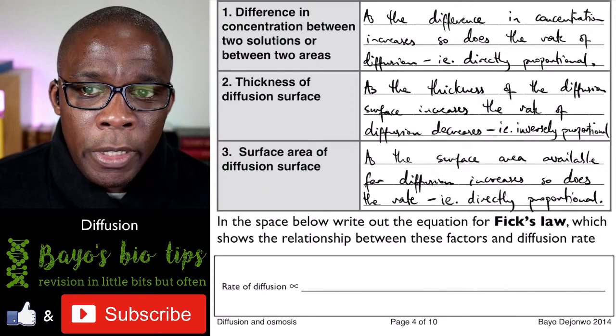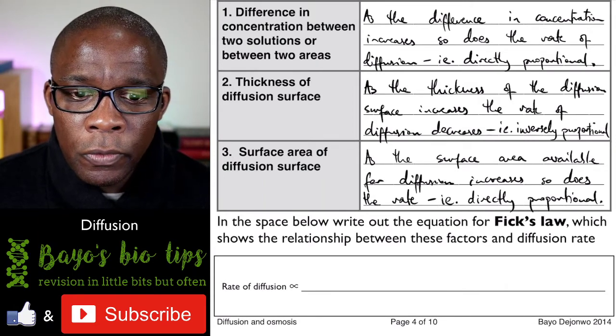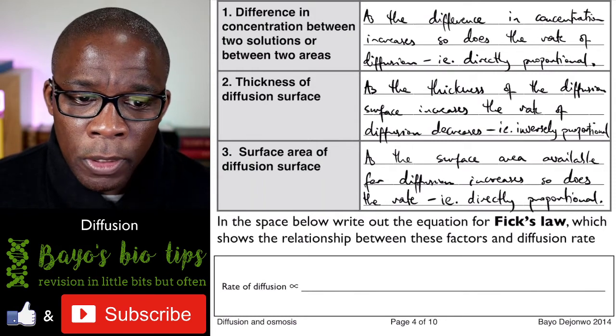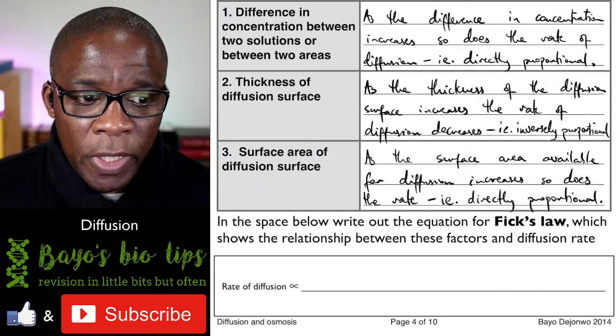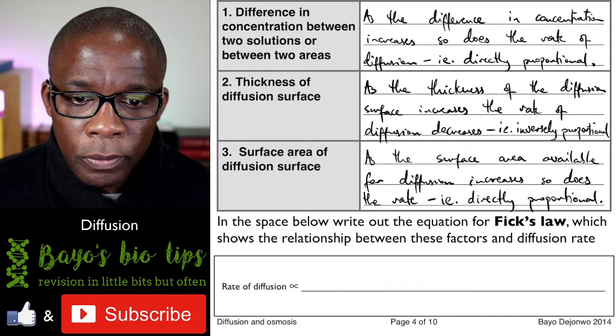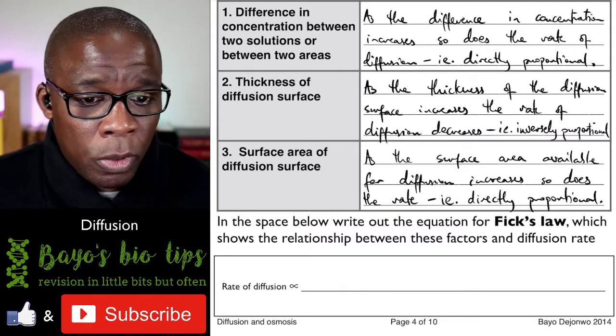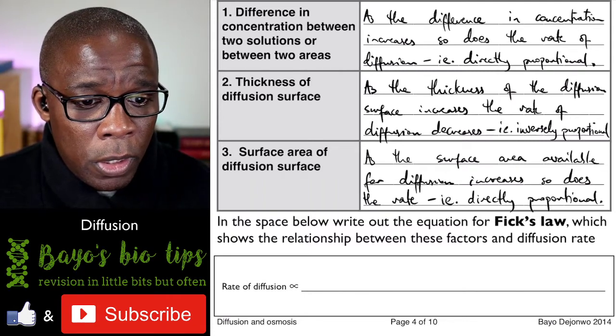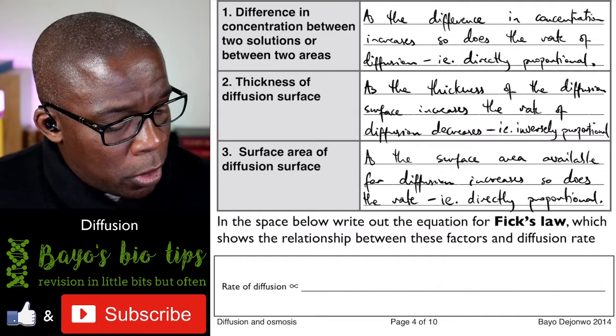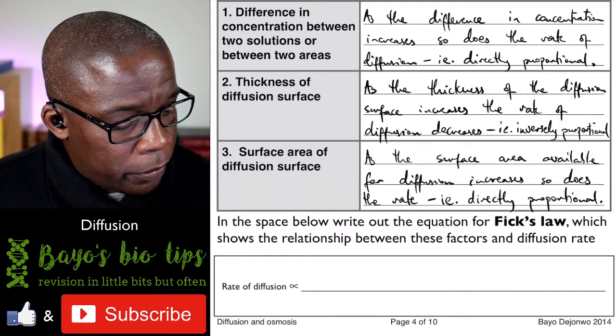So these relationships between these factors and the rate of diffusion form the basis of something called Fick's law. So we're going to state what Fick's law is down below in the space provided.